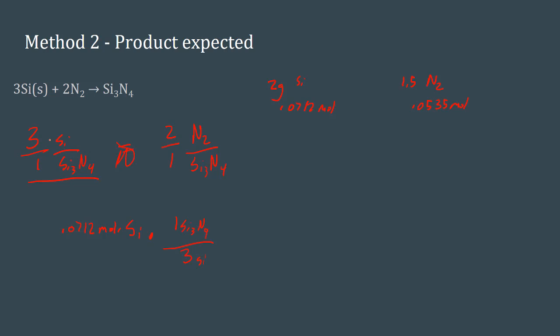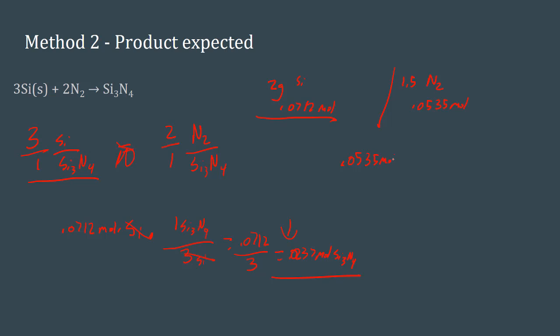So I just use the reciprocal of this, so my Si's go away, and I get 0.0712 over 3, which is 0.0237 moles of the silicon nitride. So using the 2 grams of silicon that I'm given, I would get 0.0237 moles Si3N4.